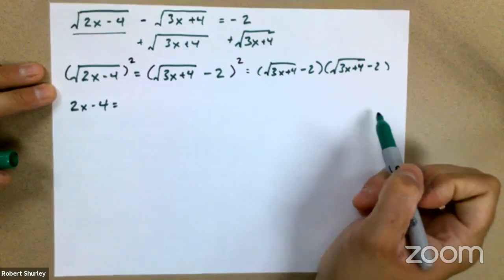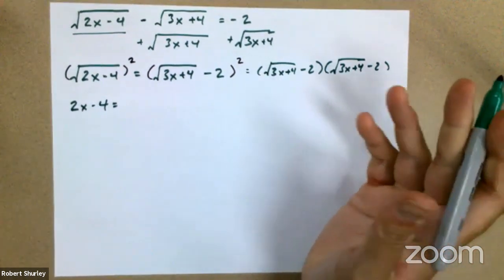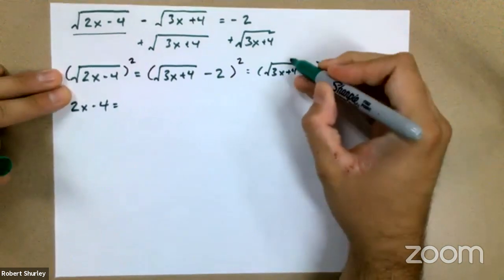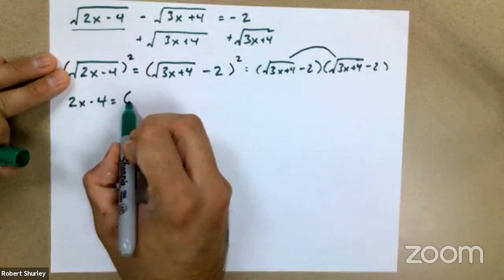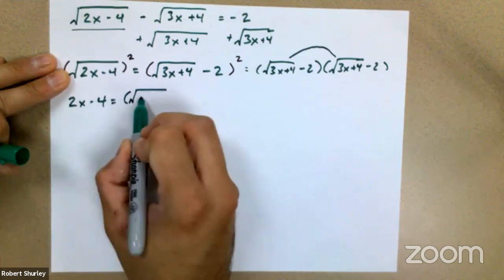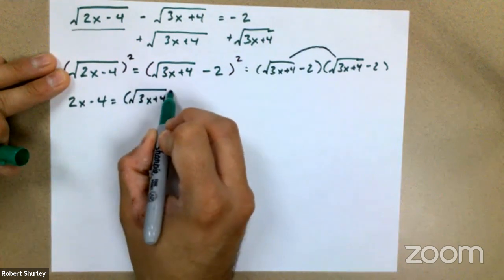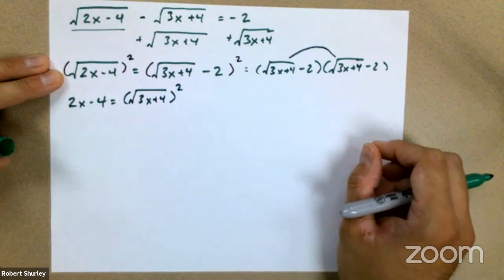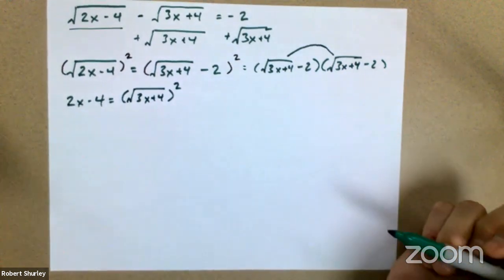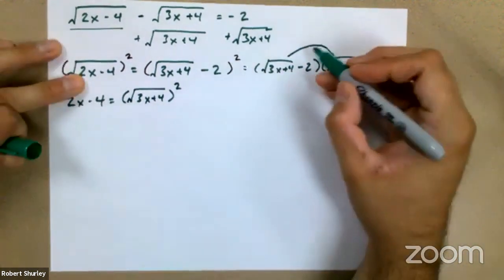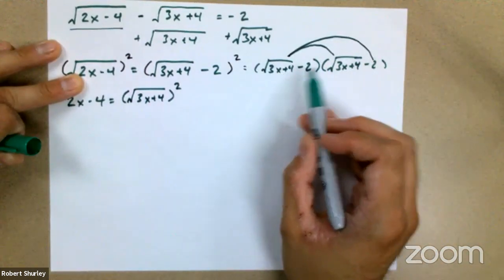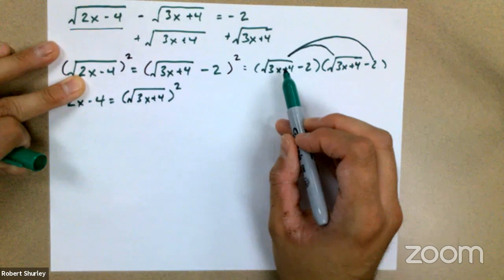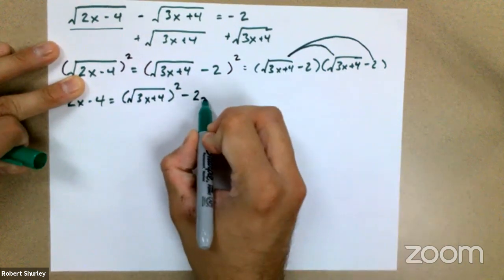I need you to think a little bit. We've done a lot on radicals the last 2 weeks. If I multiply these first two together, really what I have is the square root of 3x plus 4 squared, right? It's going to get rid of the radical, so that's cool. And then let's do the outside. Now we can't multiply these, but remember, it's a coefficient and it's a radical, so we just put it in front of it.